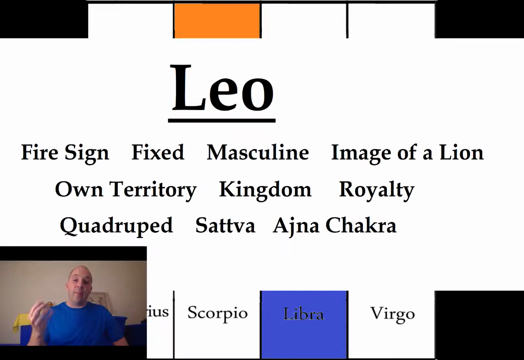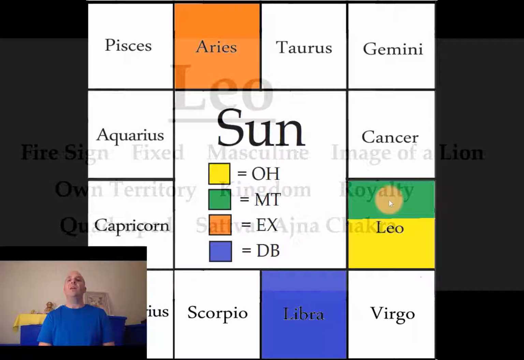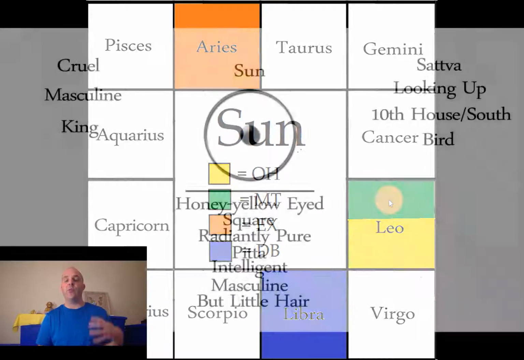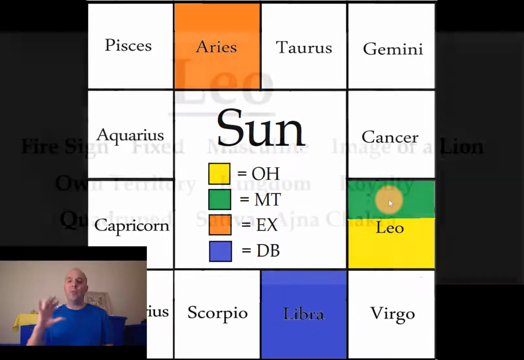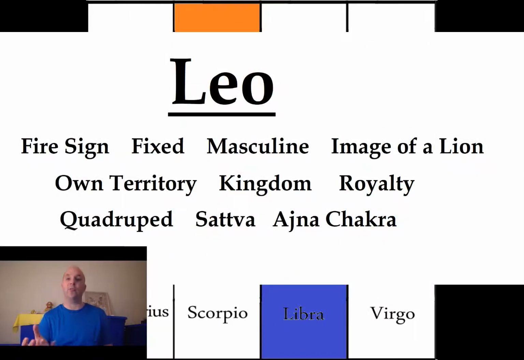Also, in the general nature, we know that Leo represents kingdoms. It represents places of royalty. When we look at the nature of the sun, we know that the sun represents the king. It represents the self. It's said to be the soul of all. So basically Leo is our kingdom, our territory, but it's the territory of who we are as a person.